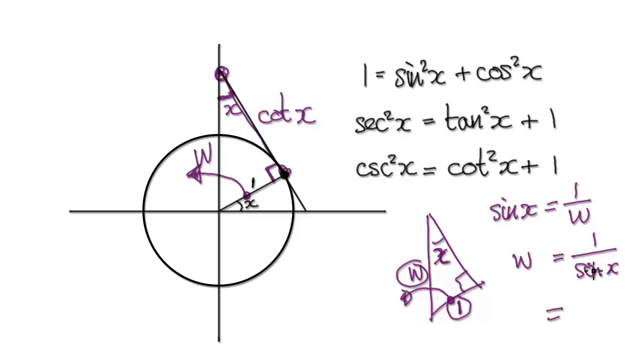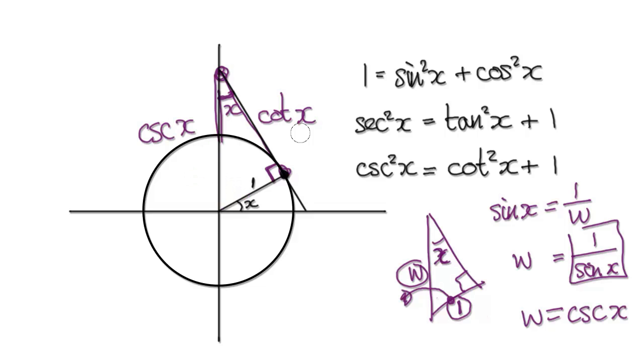So what is 1 over sine of x? We've seen this before. 1 over sine of x is cosecant of x. So this length here is actually cosecant of x. So let me clear this up. So this length here is cot, this length here is cosecant, this length here is 1. So now we can use Pythagoras.